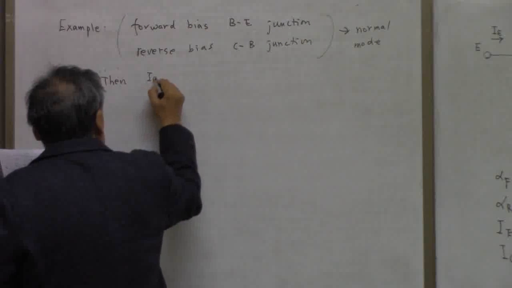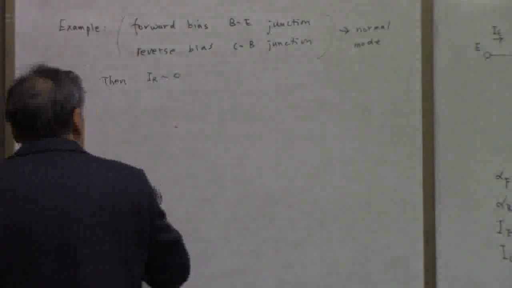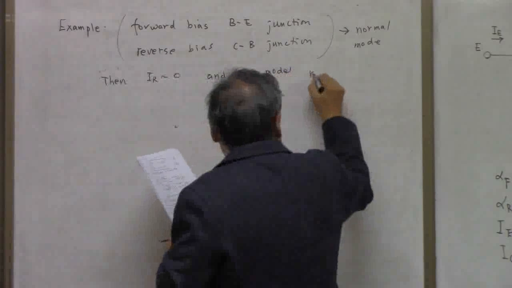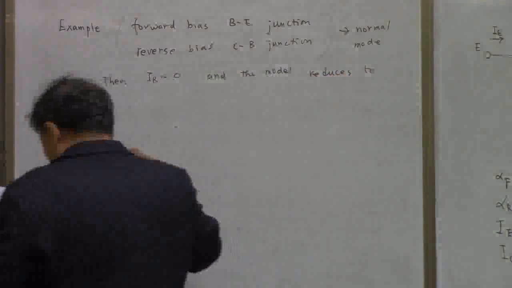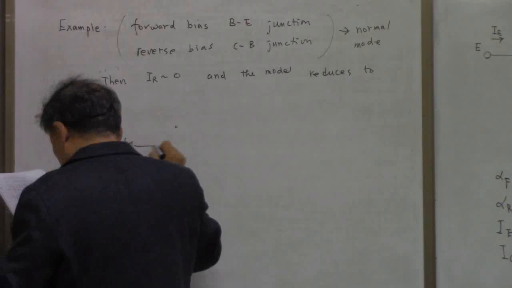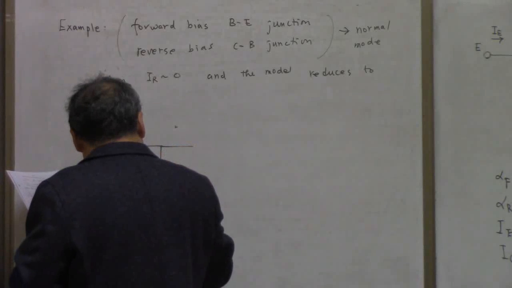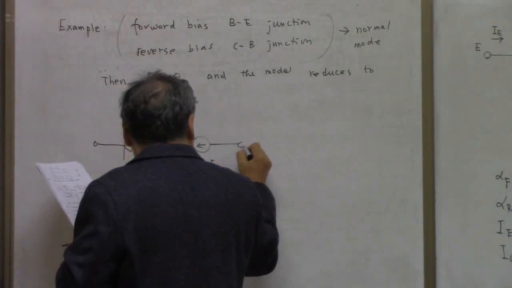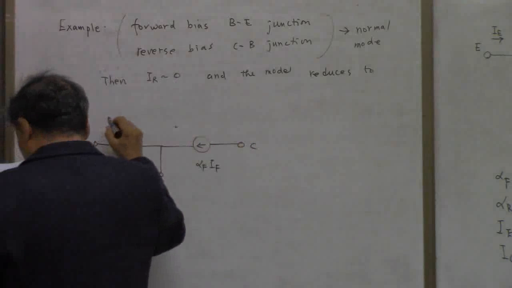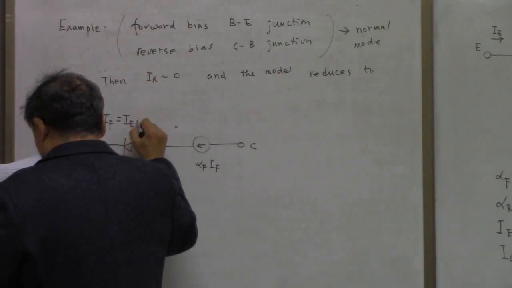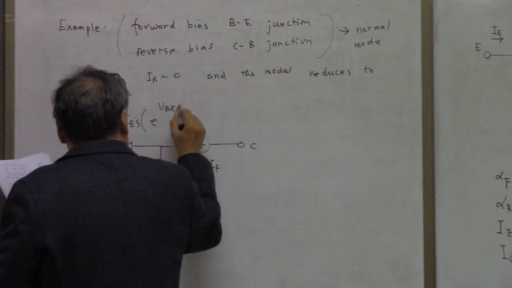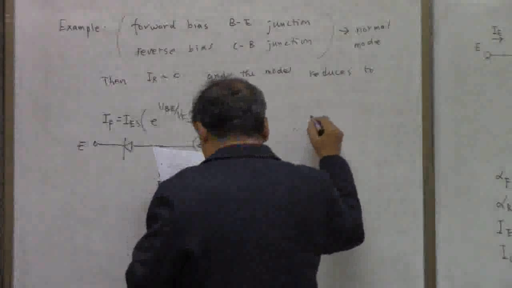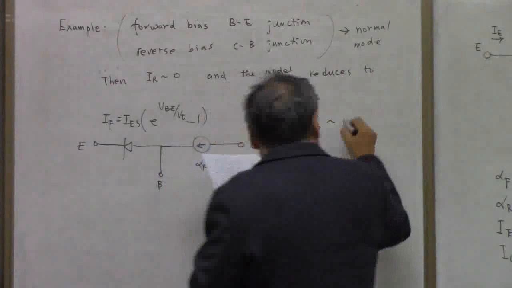Then IR is going to be 0, and the model reduces to a simple form, so the base current is going to be 1 minus alpha F times the emitter current.